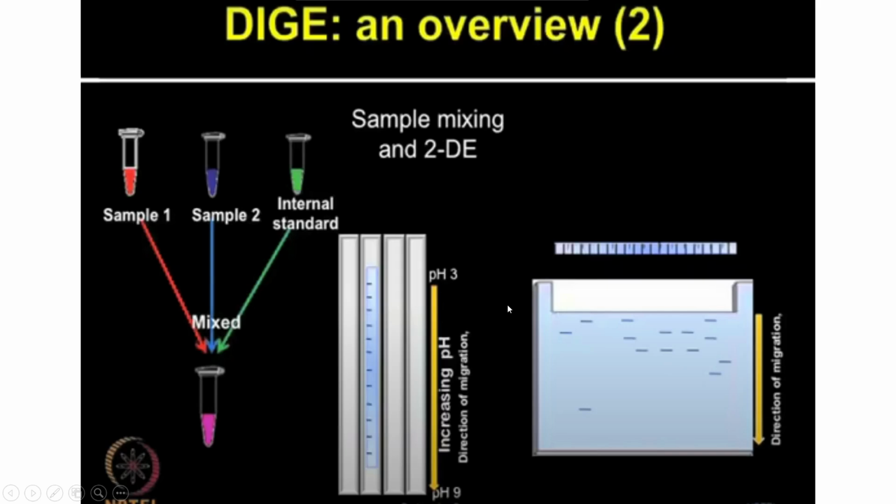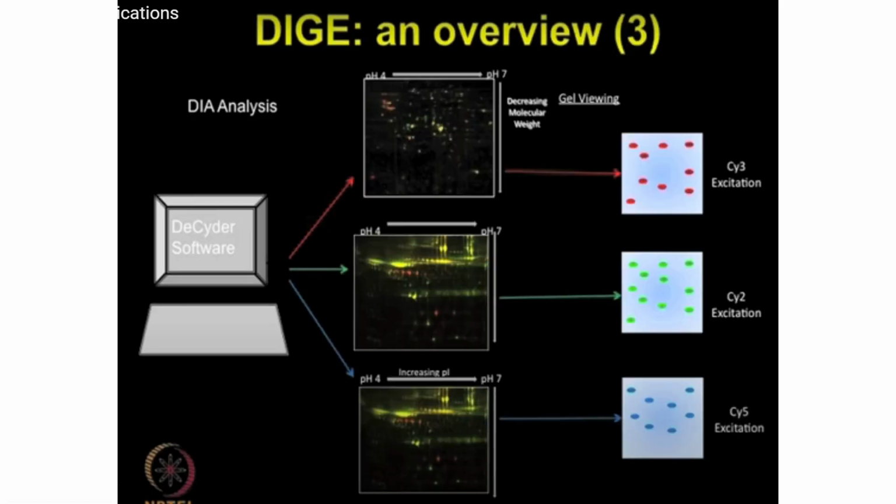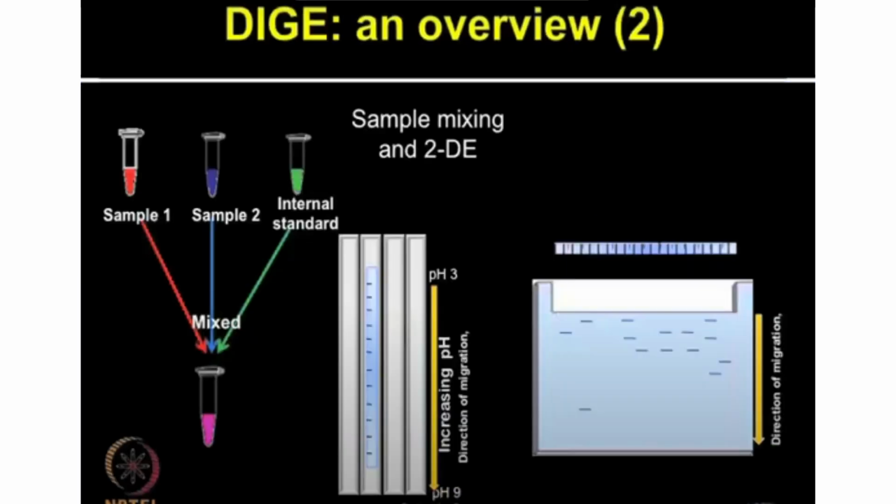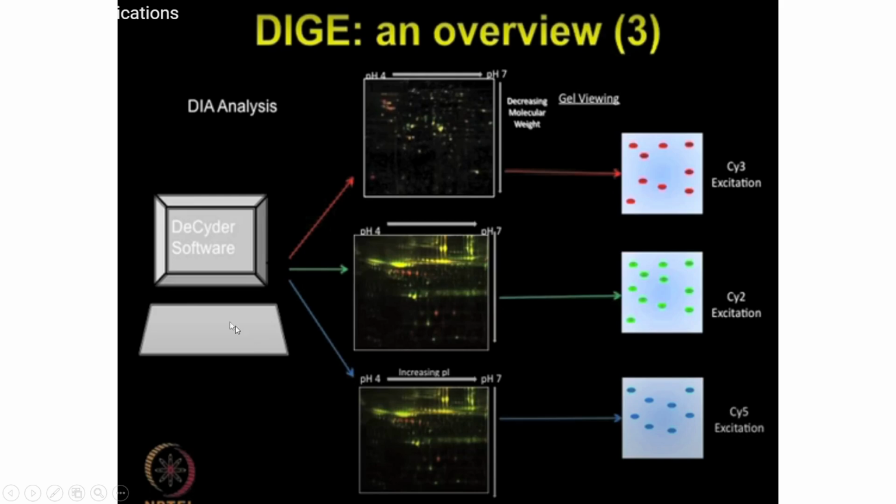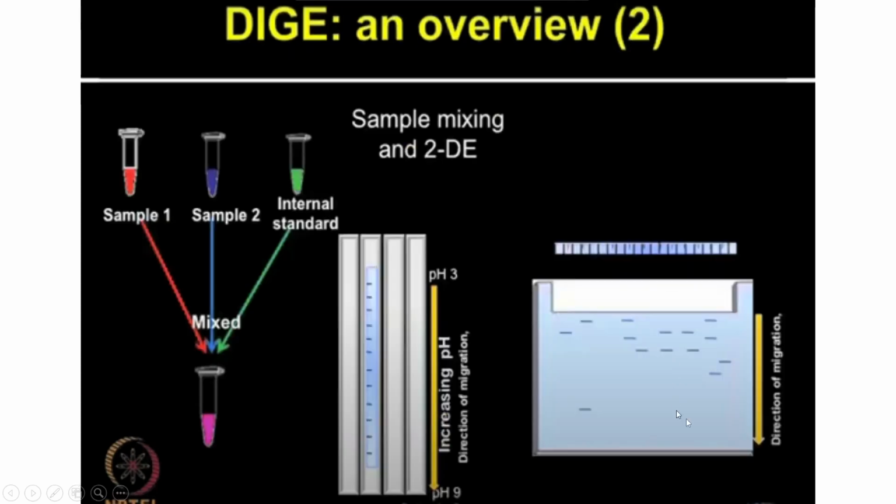This is just an overview of whatever we did till now. You will have the samples, you will do the two-dimensional isoelectric focusing, and you will run the SDS PAGE. Once you run the SDS PAGE, you get this image. As the sample preparation is mixed with all three dyes, multiple samples can be run together here.